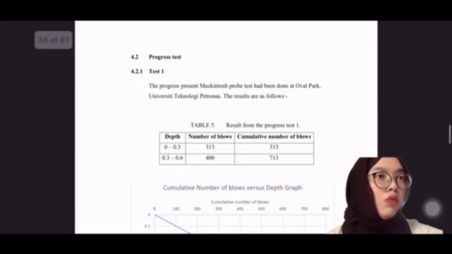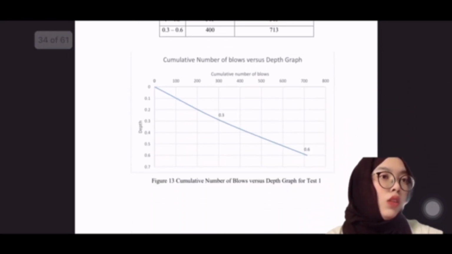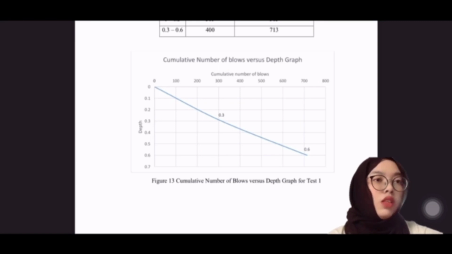For test 1, in the progress test you can see the depths of 0 to 0.3 and 0.3 to 0.6, and the numbers of blows are 313 and 400, and the cumulative numbers of blows are 313 and 713. So this is the cumulative number of blows versus depth for test 1.